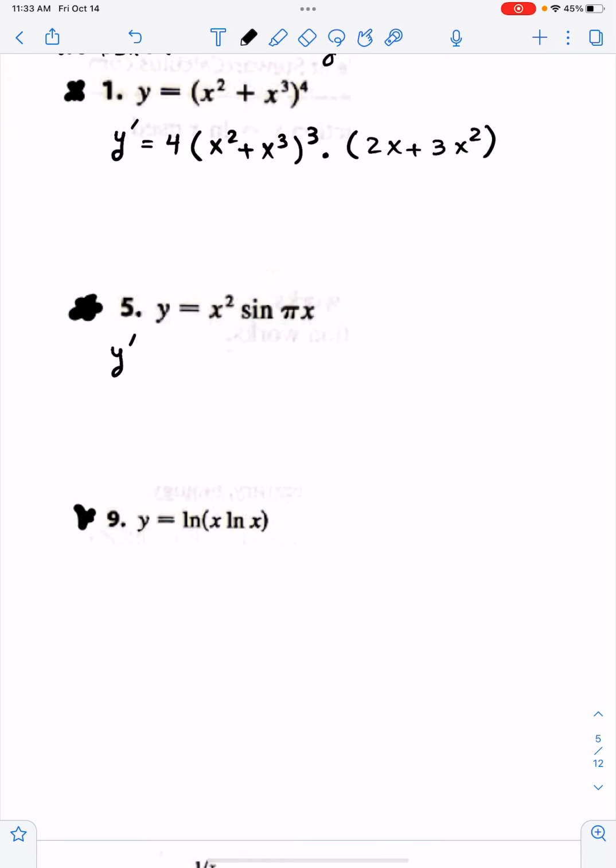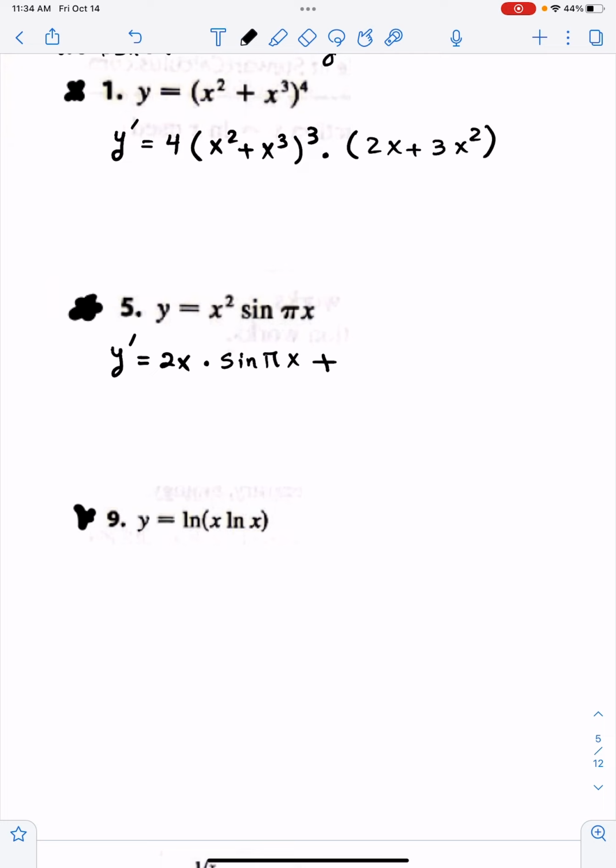So finding y prime of the next one. In here, you have multiplication of two functions. You need to realize that this is the function x squared multiplied by the function sine of pi x. So y prime is the derivative of the first one, the derivative of x squared, times the second, plus the derivative of the second.